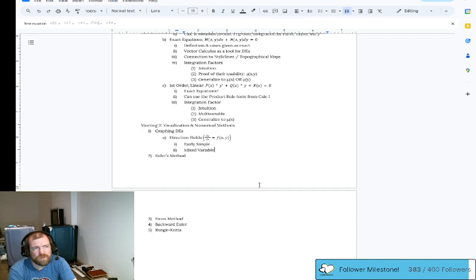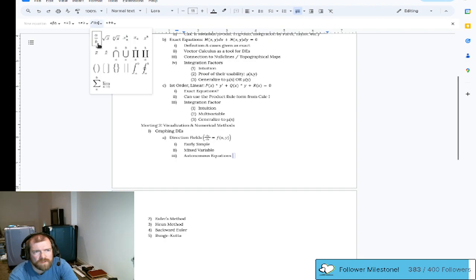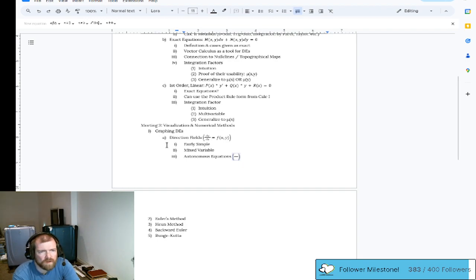So in addition to direction fields, we also want to talk about autonomous equations. So we answer the equation. This is going to be that. dx is exclusively a function of y.